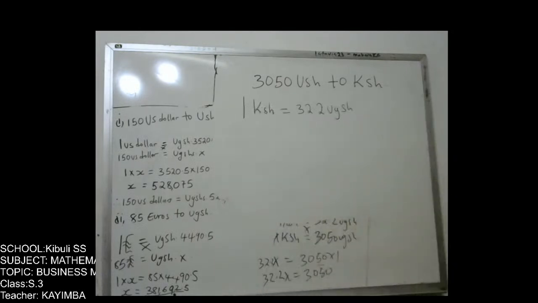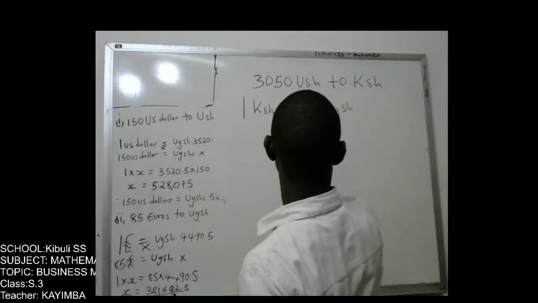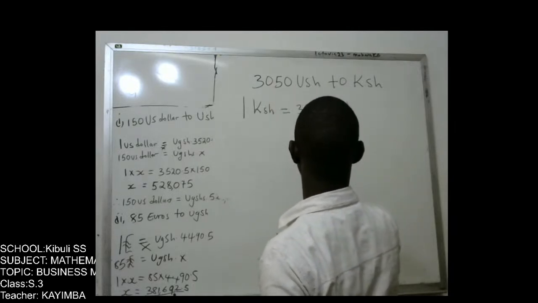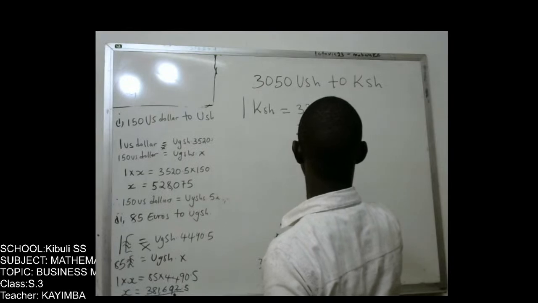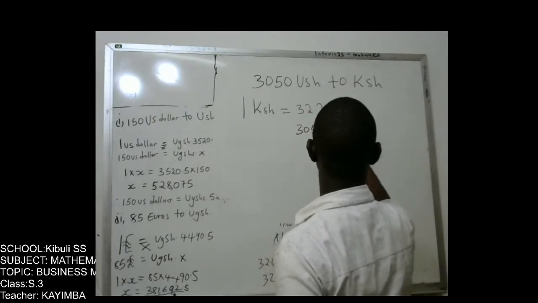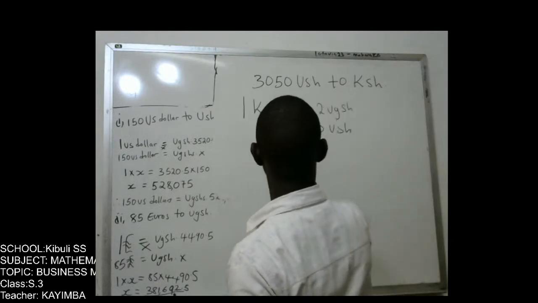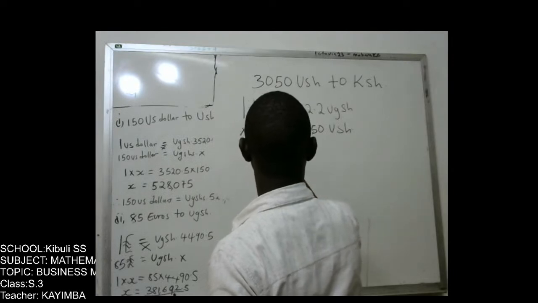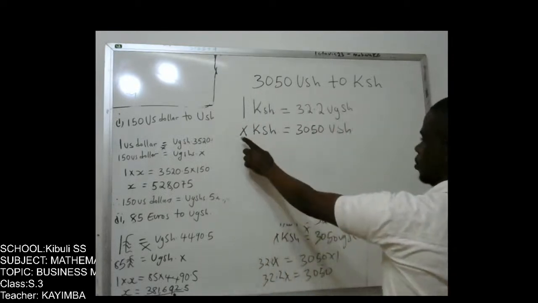Then we are changing these Ugandan shillings to Kenyan shillings, so they will be this side as well. 3050 Ugandan shillings are equivalent to X Kenyan shillings, because it is the Kenyan shillings that we are looking for.